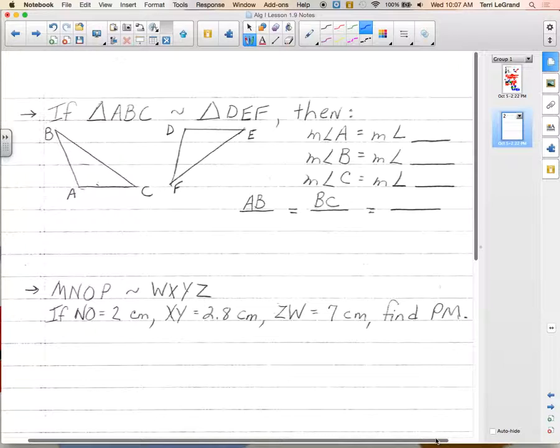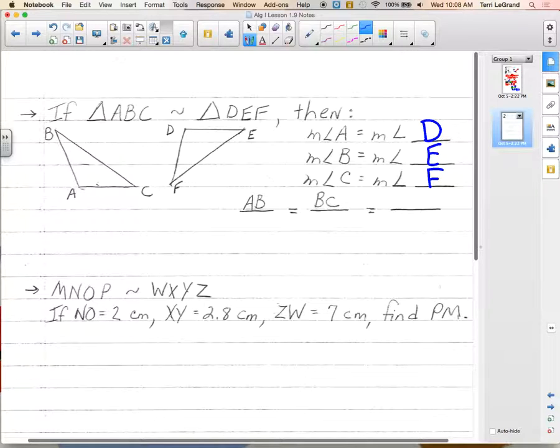Tell me the measure of angle A would be the same as the measure of angle D. The measure of angle B would equal the measure of angle E. And the measure of angle C would be the same as the measure of angle F. So these are thoughts we need to have. Now I want you to set up, we can't call this one a proportion because we're going to set up 3 ratios, showing that we have ratios of corresponding sides equal to each other.